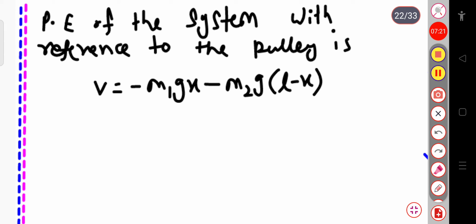So if I solve this, let me write it in this way. Suppose this is equation 2.